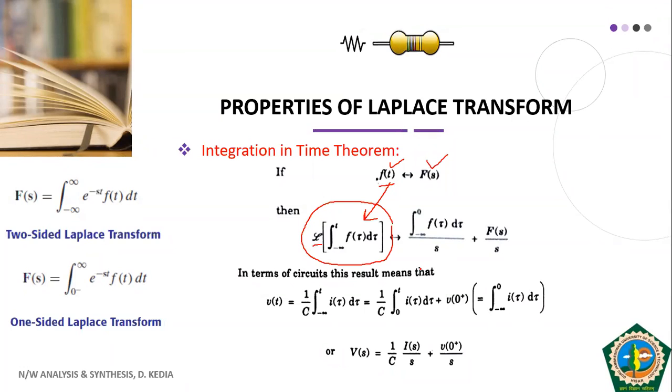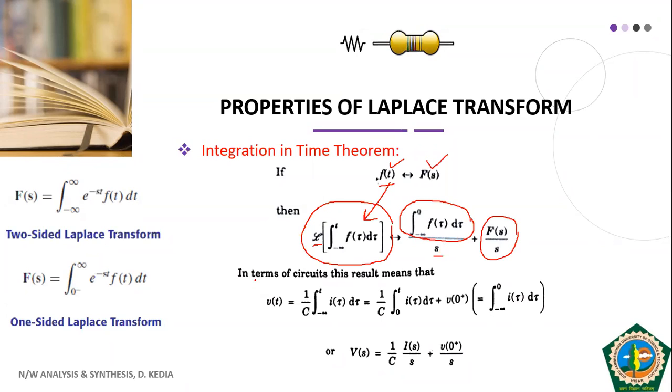Students, I have not explained the proof for this integration in time theorem, because it is a bit involved and will not add much advantage to the solution of our numericals. That's why it is being skipped. You can memorize it this way: if you find the Laplace transform of the integral, it will be F(s)/s plus, in a way, the initial value of the circuit divided by s.